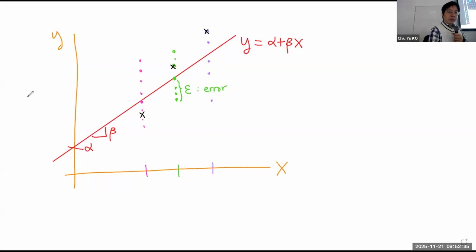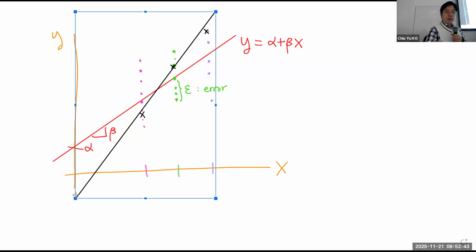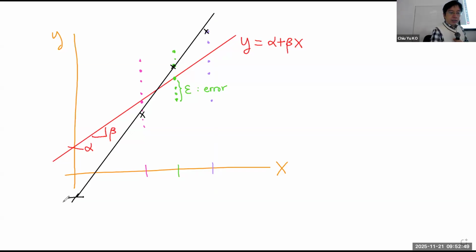In that case, when we run the regression, the line will be somewhere here, maybe somewhere here. This is your regression line, and running this regression, this will be your A and this will be your B. Of course, you may not get this point.